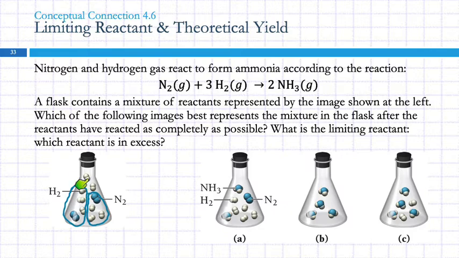And what do we have left over here? We have 2 hydrogen molecules. So over here, could this be the correct answer? No. We can make 4 ammonia molecules because this one will make 2 and this one will make 2.